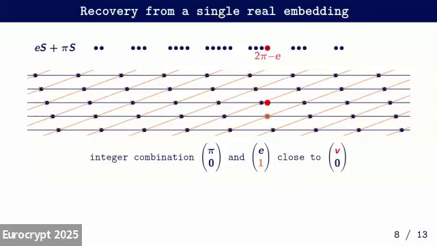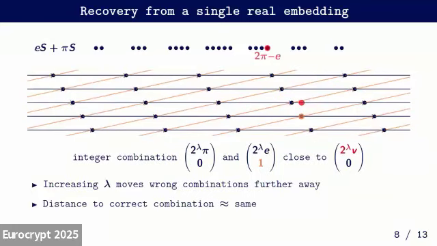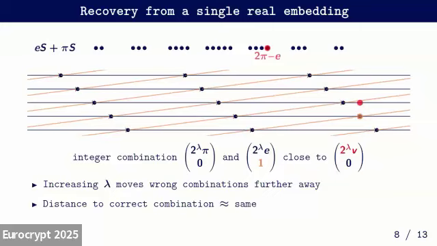So at first it's like, okay, what are we doing here? But what we can now do is stretch this lattice sideways. We can do this by putting some scalar lambda in front of the first coefficient. What we see is that as we increase this lambda, the bad combinations that we don't want to find move away from the red point. But the orange point, the one that we actually want to find, because it lies on the vertical line below our input point, doesn't move further away.